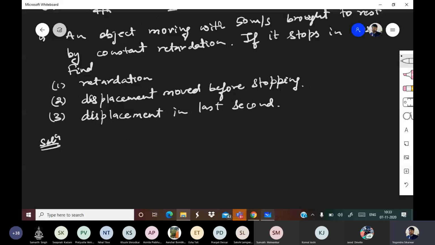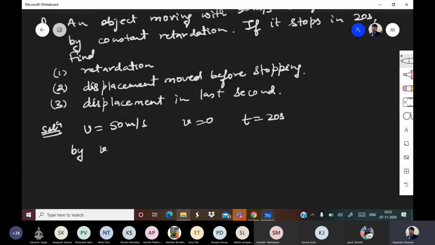Okay, so everyone please pay attention. U is equal to 50 meters per second. V is equal to 0, because if it is stopping, then V will obviously be 0. So 0 equal to 50 plus A into 20.